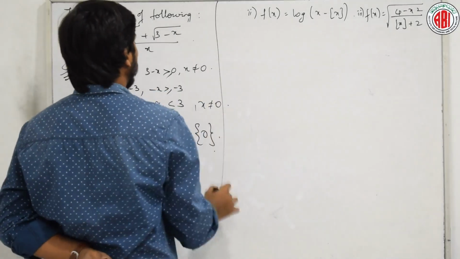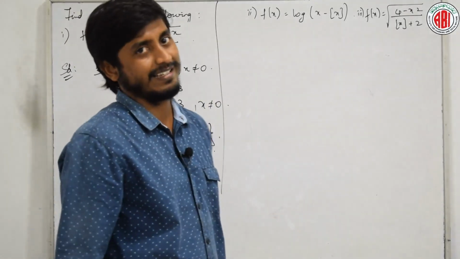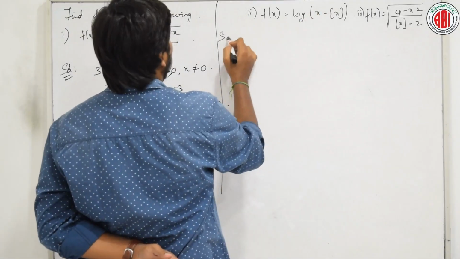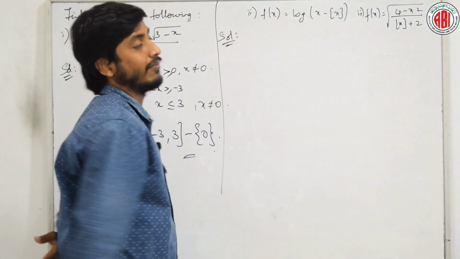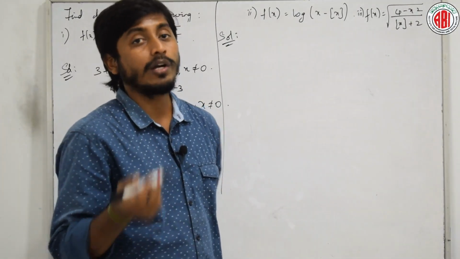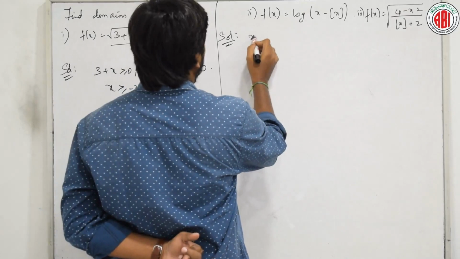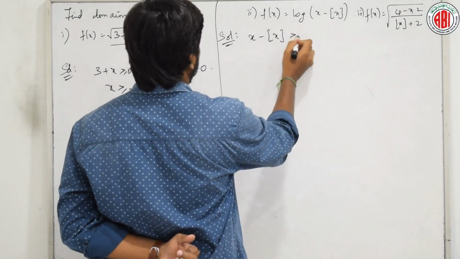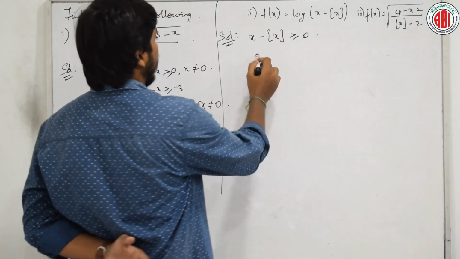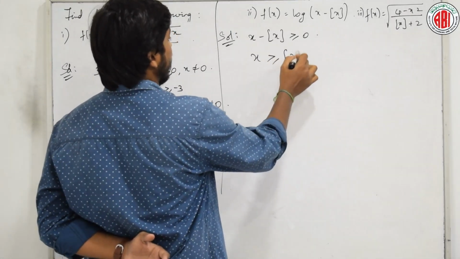Next, let us have a question with box x, that is the step function, floor of x. Tell me, it is under logarithm. What should be the rule? It should be greater than or equal to 0. x minus box x should be greater than or equal to 0. Okay. Then x is greater than or equal to box x.